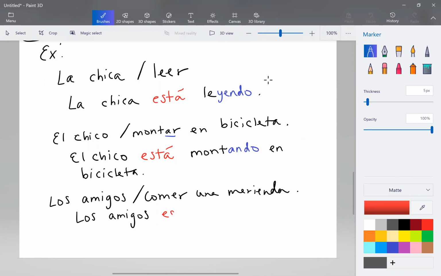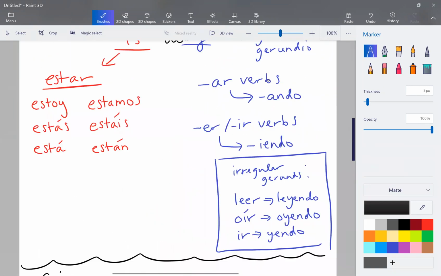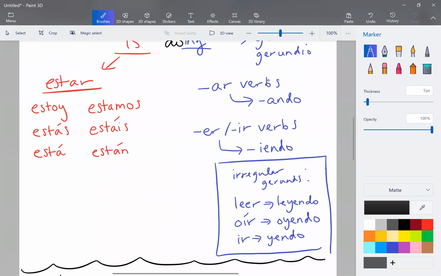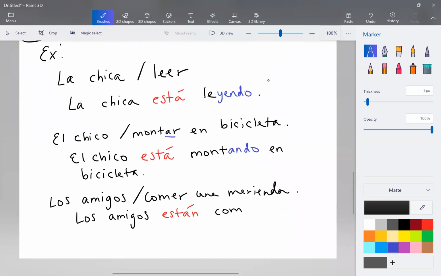Perfect. And then comer is an ER verb. Yendo. Yep, comiendo una merienda.